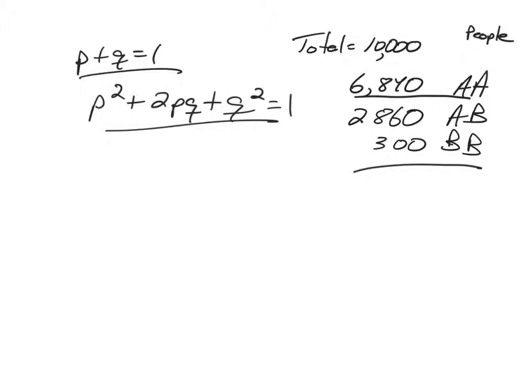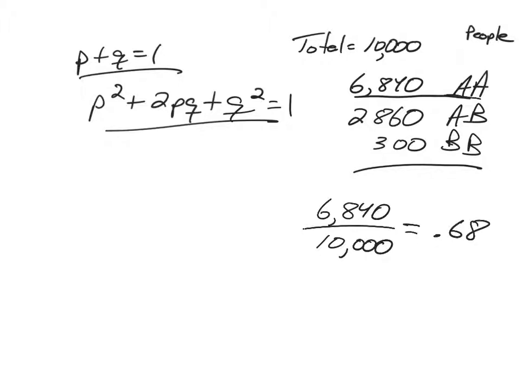So what's the frequency of the big A, big A? 6,840 divided by 10,000. What is it? 0.68, or 0.684 if you want. About 68.4%. That's for big A, big A.